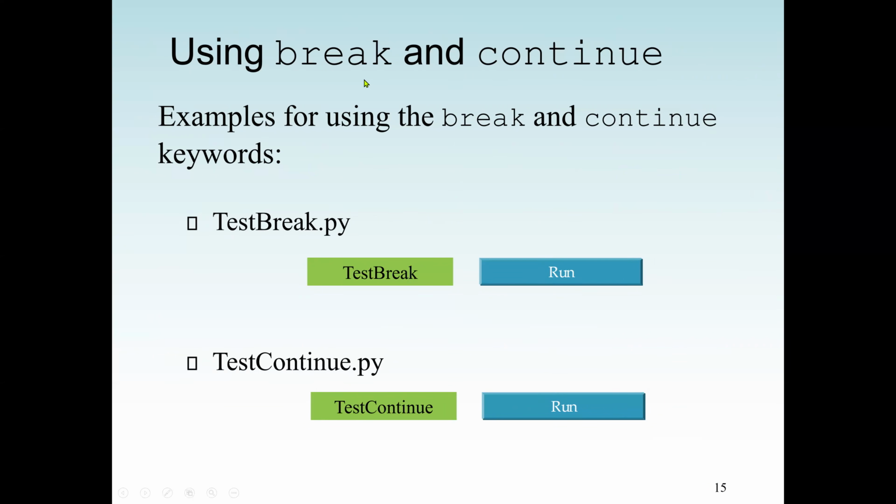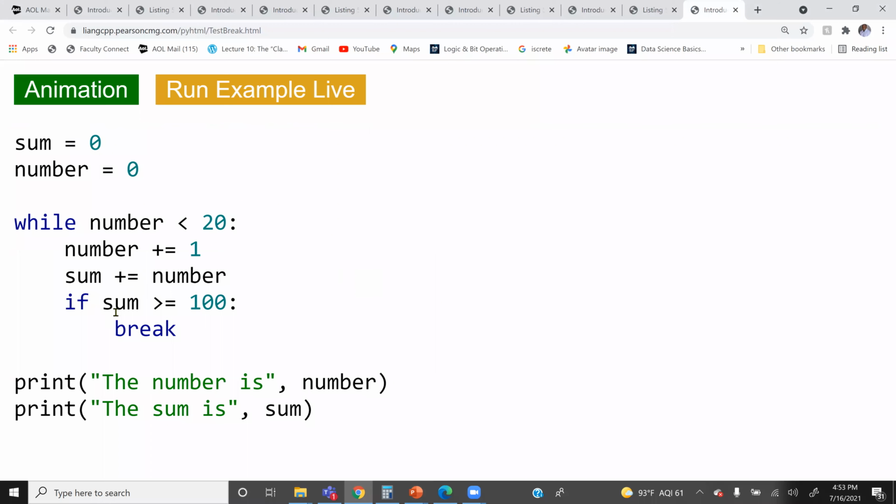So also we can use break and continue, as we said earlier. For example, using the break and continue keywords, let's see an example. As we said earlier, break will stop the loop. Continue will skip the iteration. So here I want to add some values, let's say from 0 to 19. So we declare our sum variable.